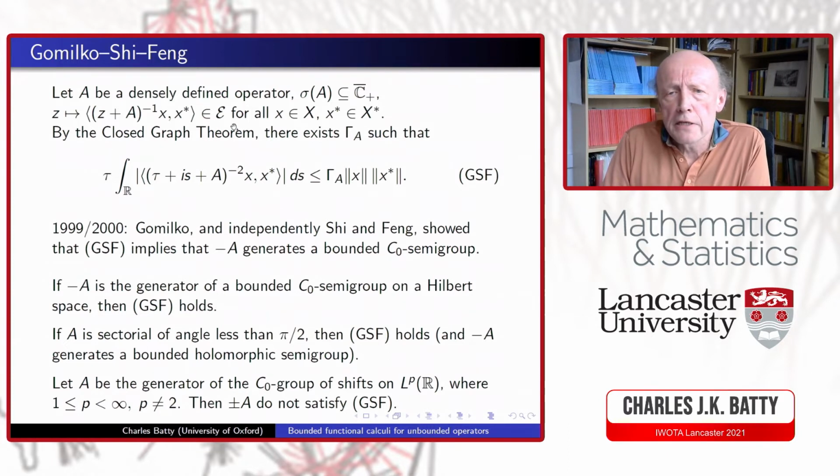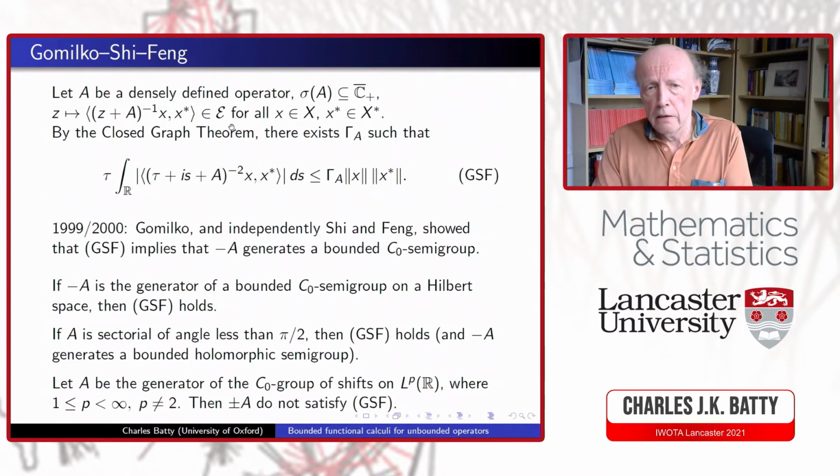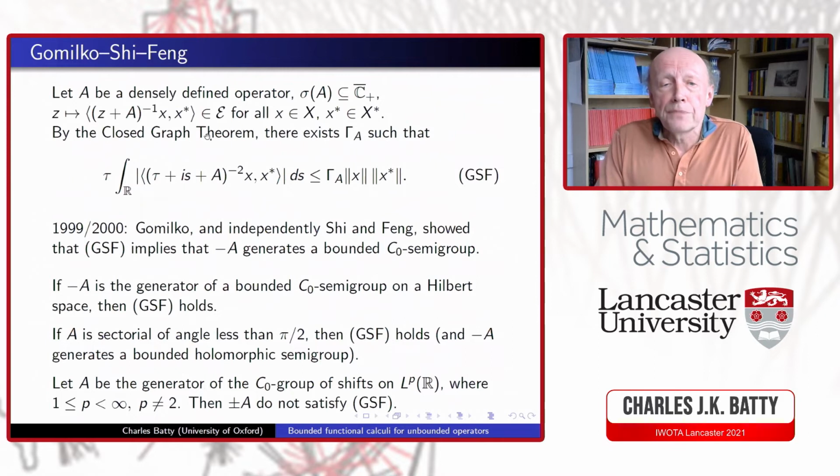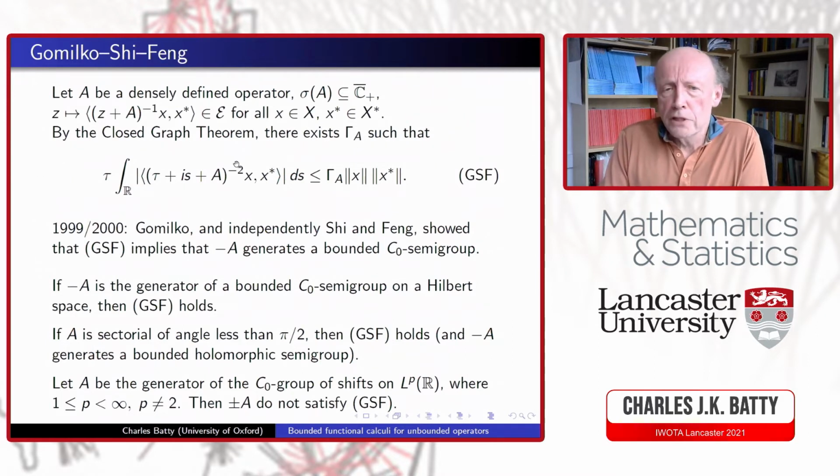If A is a densely defined operator with a spectrum in the closed right half plane, and if the resolvents with the x and x star satisfy the requirements to be in E, then, well, first of all, it's an observation that these integrals must be bounded by some constant depending only on A, and then you get the norm of x and the norm of x star coming in here. That comes from the closed graph theorem.